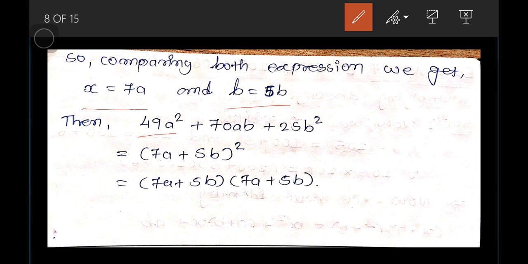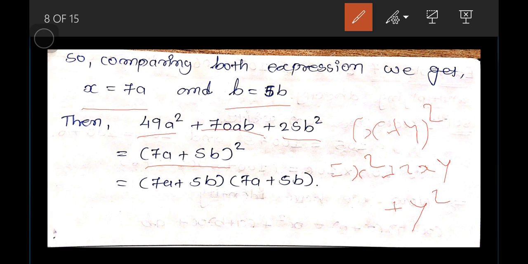So 49a square plus 70ab plus 25b square, we can directly write this quadratic polynomial in the form (7a plus 5b) all square, because we know that (x plus y) all square is equal to x square plus 2xy plus y square.